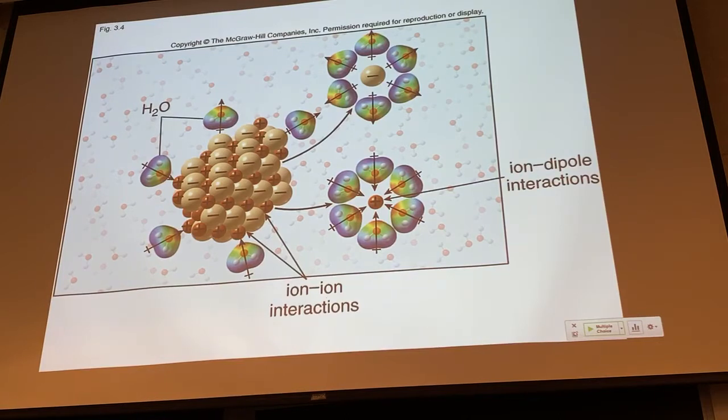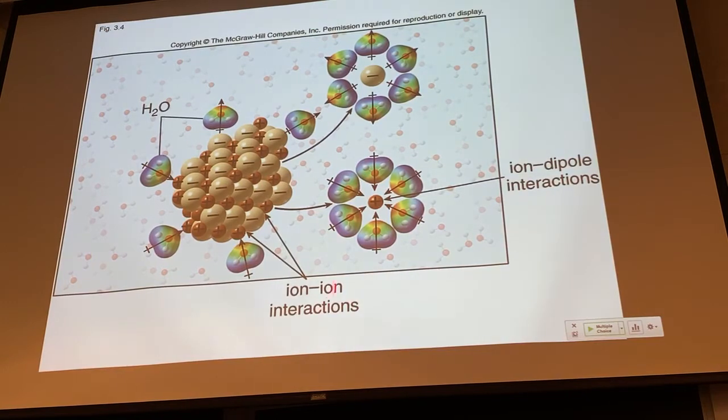If you dissolve salt in water, what happens is you have so many water molecules present that several water molecules can surround an individual cation or anion, and they can be attracted to that ion via a new type of intermolecular force, one we haven't talked about yet, called an ion-dipole interaction. Okay? So an ion-dipole interaction is just an attractive force between an ion, could be either a cation or an anion, and a polar molecule. Okay? So these are very strong interactions.